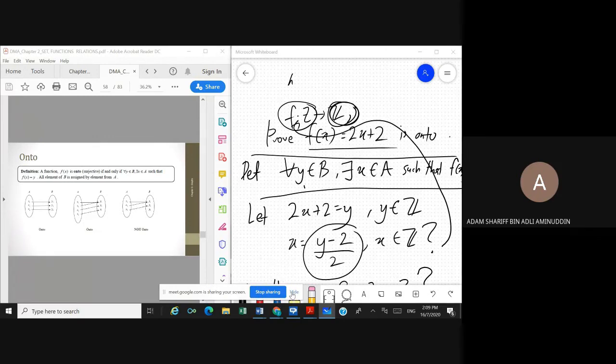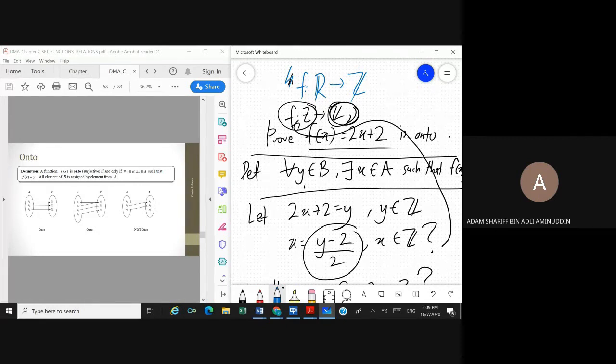Ayo kacau lah ni. Hide. Jap. Hide. Baru nampak. Okay, if I change this question slightly to the real numbers, it means that it includes fractions as well.